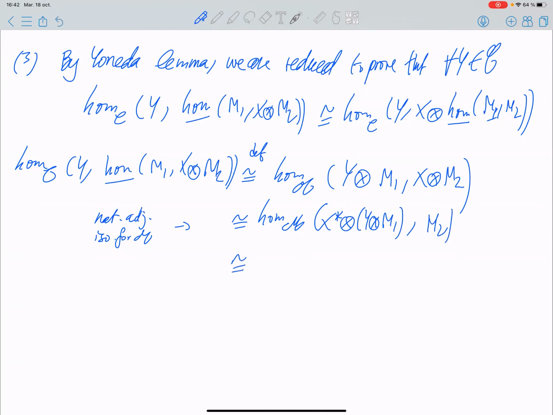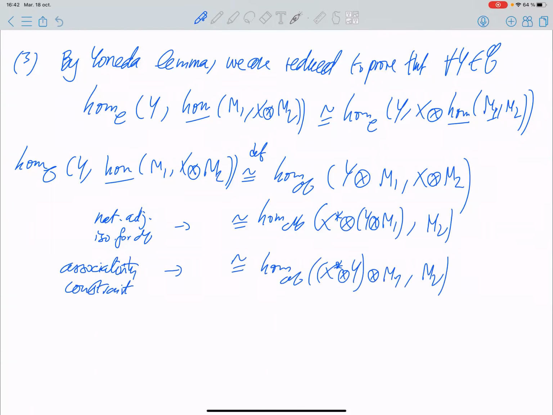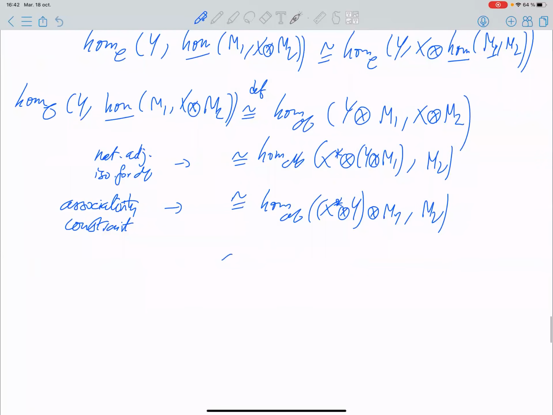And then you apply the associativity constraint, just to move the parenthesis. X star tensor Y tensor M1 M2. And then again you apply the definition of internal Hom.